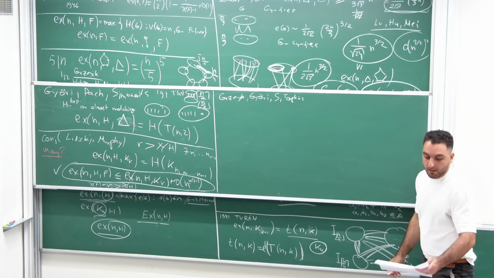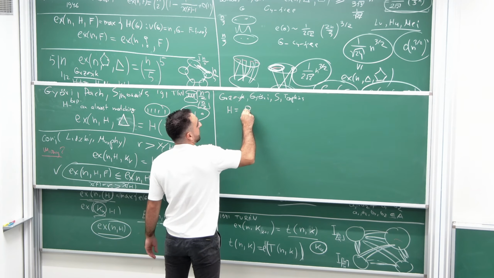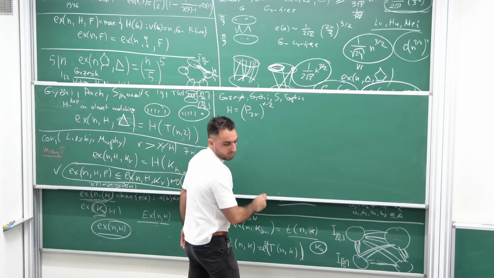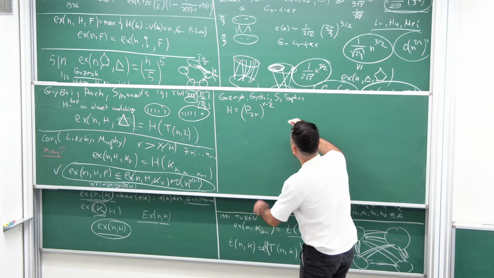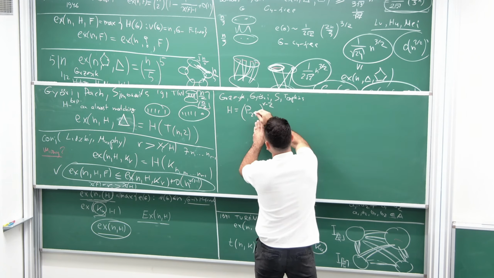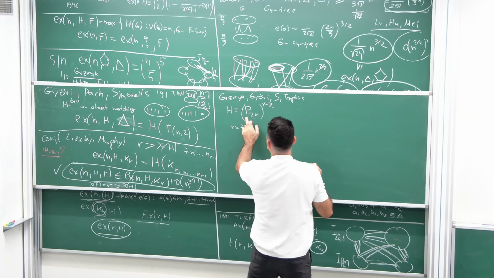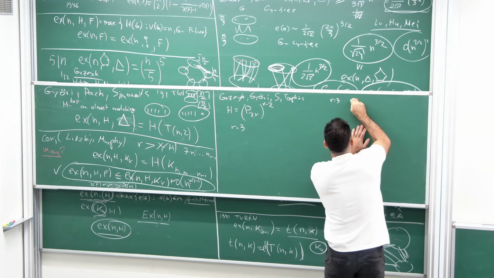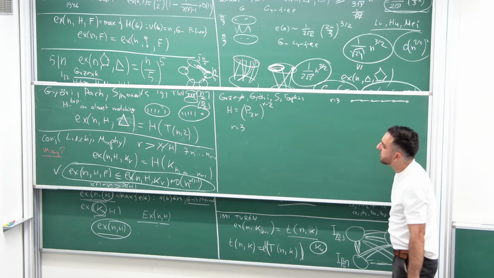And let me give you a construction. H is P_{2R} to the power R minus 2. What is P_{2R}? Let me give you an example. R equals 3. So P_{2R} is a path with 1, 2, 3, 4, 5, 6 vertices.